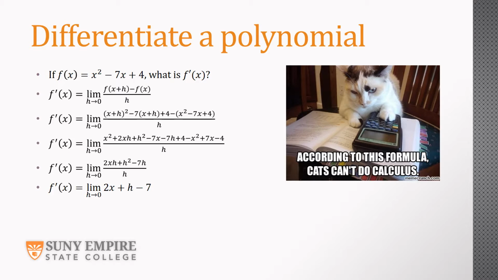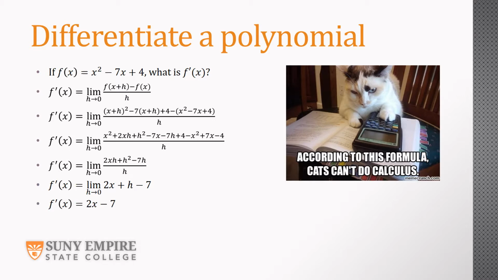Dividing, we have the limit as h approaches 0 of 2x plus h minus 7. Taking the limit, we find that the derivative of the polynomial function x squared minus 7x plus 4 is 2x minus 7.